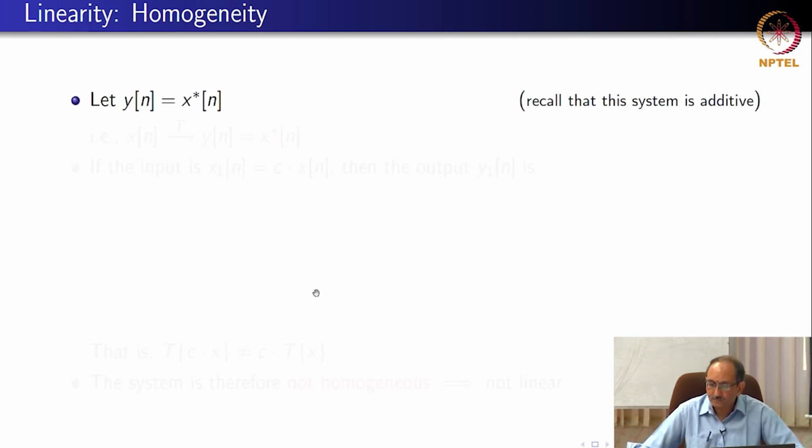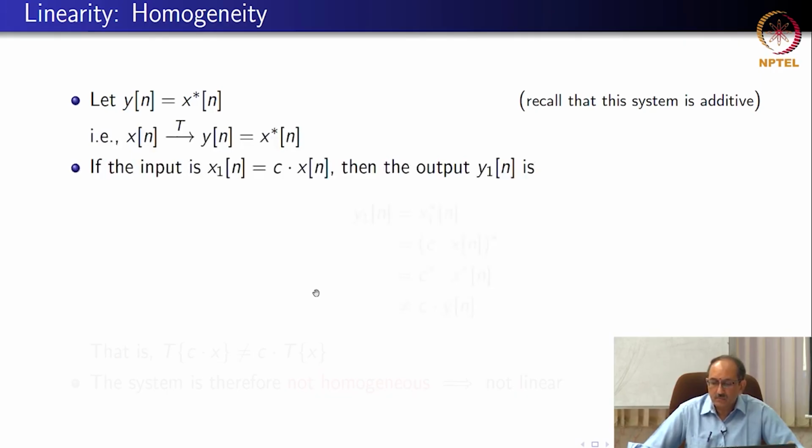So now let us take the previous example, y of n equals x star of n, and this system was shown to be additive, right? So if the input is now c times x of n, the output is, you have to take the input and complex conjugate it, correct?